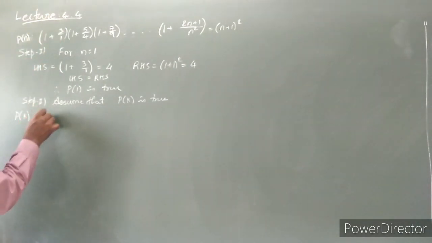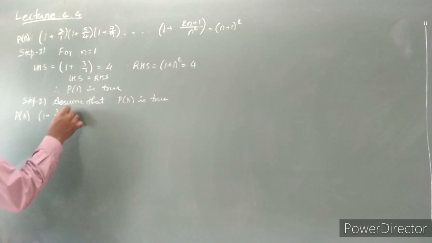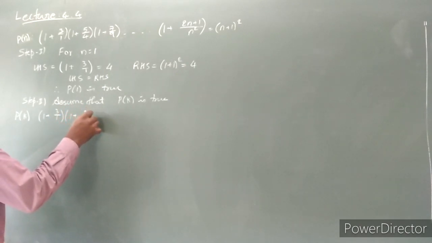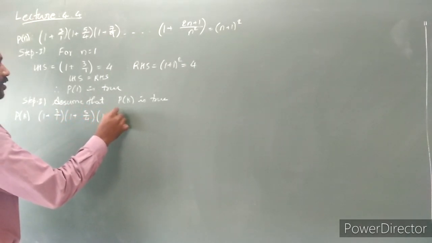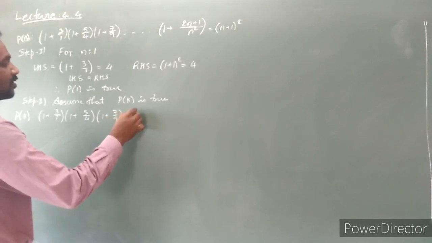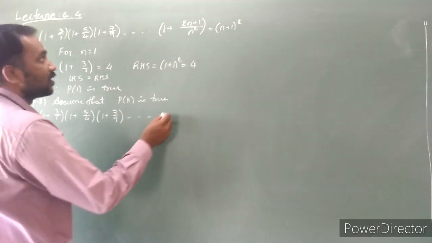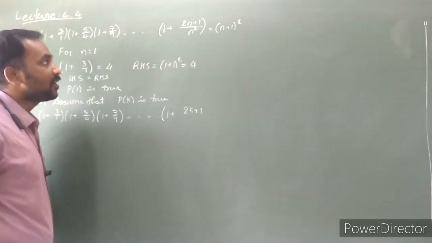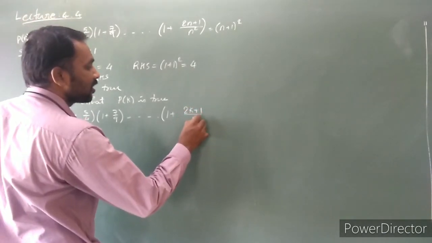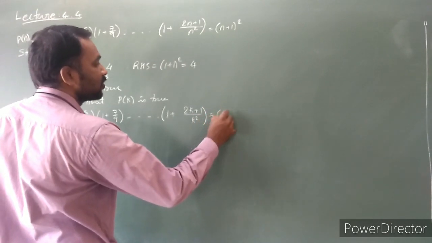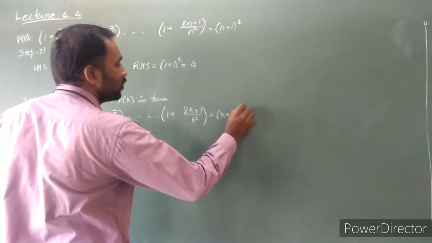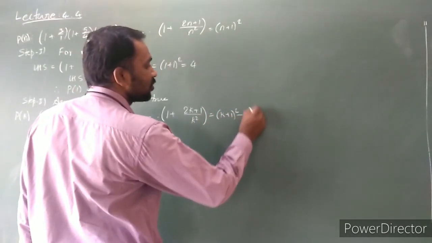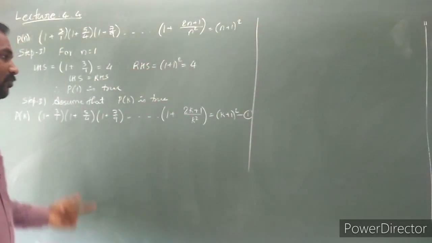First term 1 plus 3 divided by 1, 1 plus 5 by 4, 1 plus 7 by 9, and so on. Last term, 1 plus, in place of n, k: (2k+1) divided by k², is equal to (k+1)². Call this equation number 1.